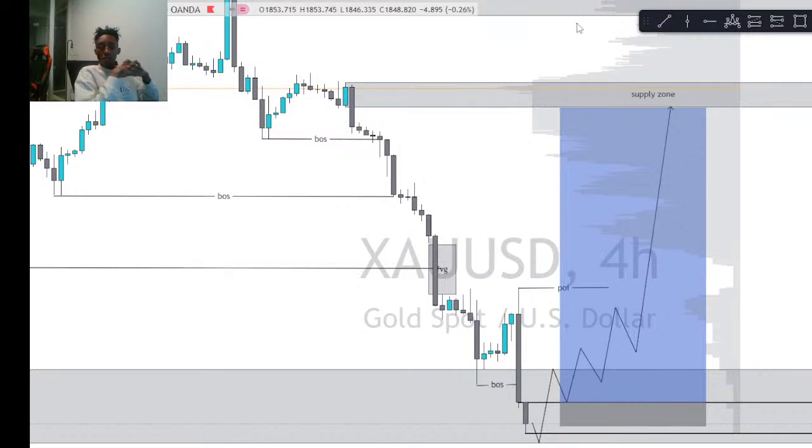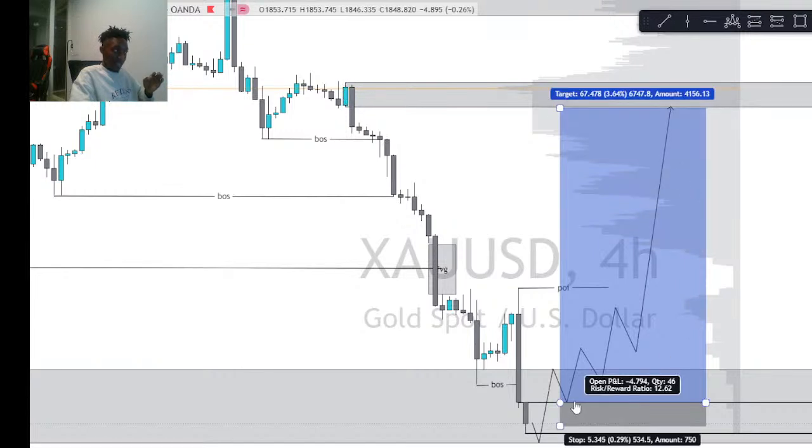Okay. So on gold, guys, we are only going to be looking for buys whenever tomorrow we see gold sitting above 1853. Here, 1853. Once gold breaks above 1853, that's where we're going to start monitoring buys.